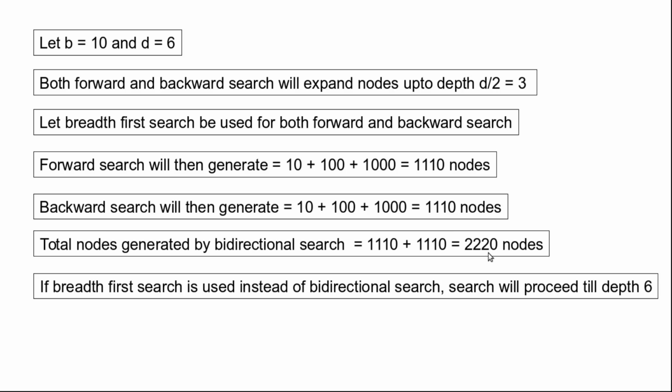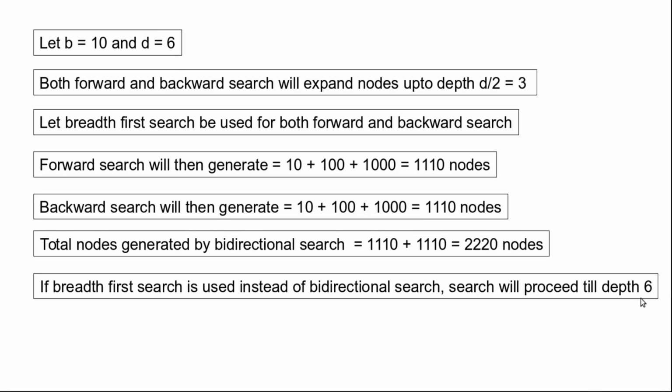However, if we don't use bidirectional search and we use BFS, that means we have only one search, with no forward and backward search. In that case, our search will proceed up to depth 6 because that's where our goal node is.